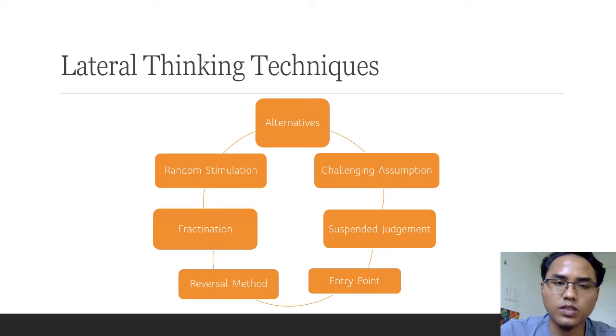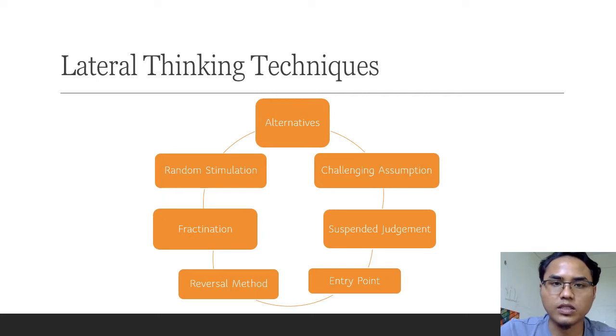Okay, now we go to the lateral thinking techniques, which I have listed down as 7 techniques. We have alternatives. What we mean by alternatives is we use concepts to breed new ideas or other ideas. After that, challenging assumptions, which we use to sharpen or to change the focus to improve the creative effort.